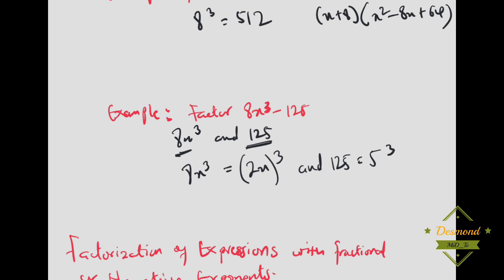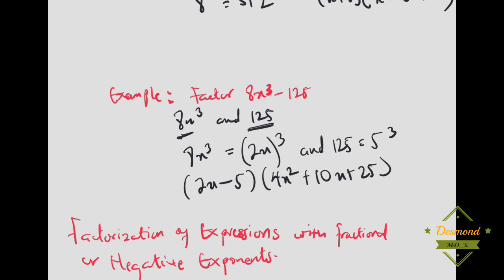So write the difference of cubes as 2x minus 5 multiplying 4x squared plus 10x plus 25. Very, very simple. So you can just follow that and use it.